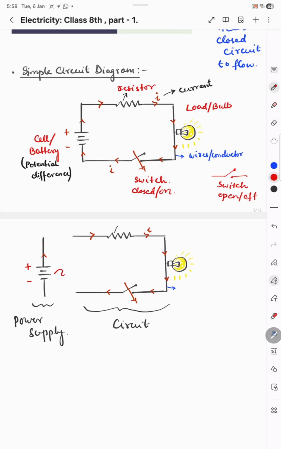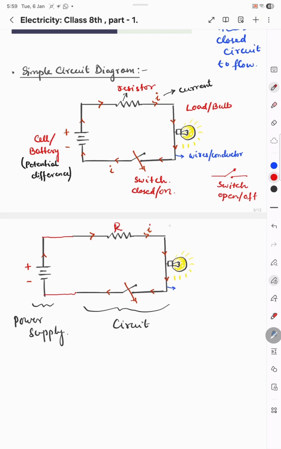So basically what we can understand is this battery is creating the flow of current in the circuit. So now if I connect this terminal like this, the current will start flowing, and the switch is on, so the current will start flowing. So what we understand from this diagram is this battery drives the current through the circuit, and this current is generated because of the potential difference present across the battery.